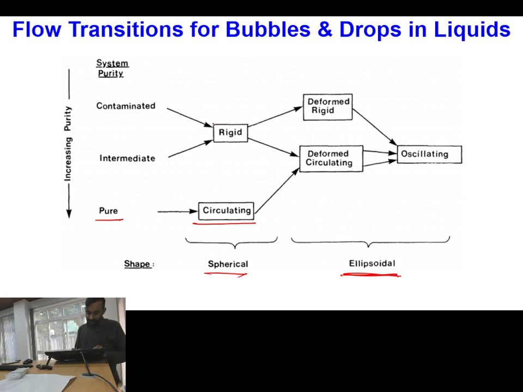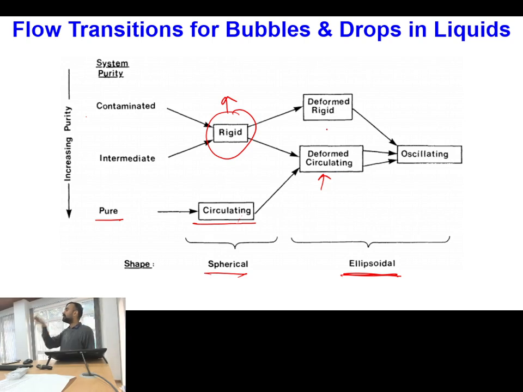If impurity is present, then the spherical fluid particle remains a rigid particle, because the internal circulation vanishes. In the ellipsoidal regime, the particle will be a deformed circulating one if the impurity level is low, and a deformed rigid structure if the impurity level is high.